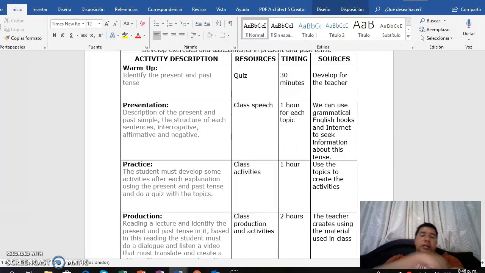So here, in the presentation, the teacher has to explain really well all the themes and all the topics that will be involved in this course, and the methodology that the teacher will use. It is important that the student can understand each aspect of these topics.